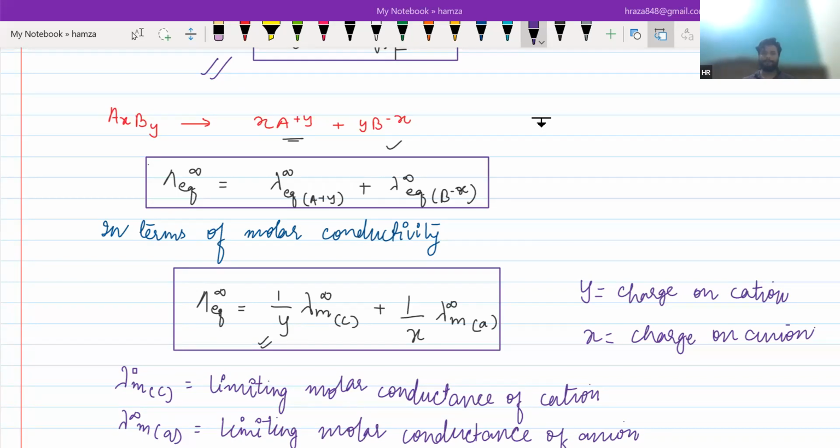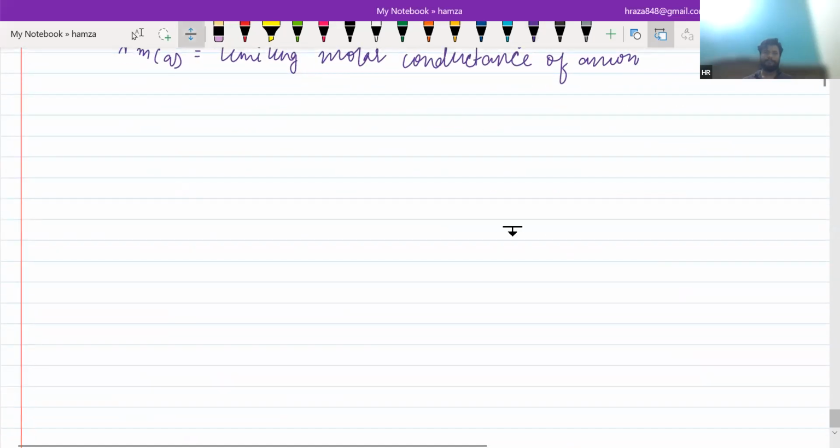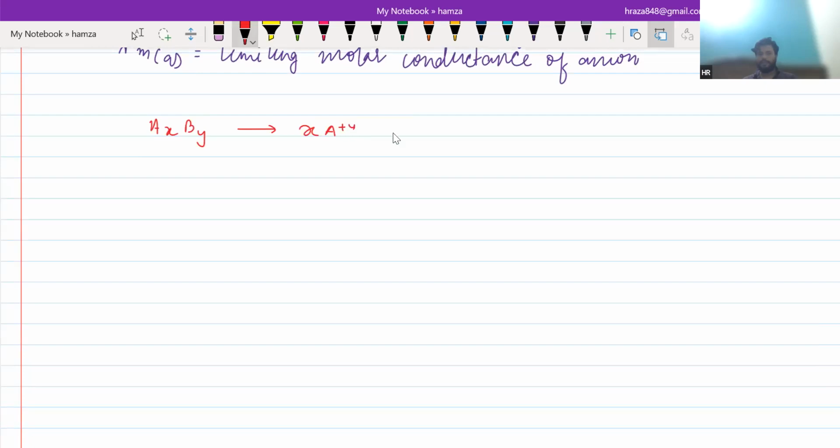Very good. Now see, always remember that I'm again going to write AxBy, and you know that it will be x A raised to the power plus y, y B raised to the power minus x. And if you are going to directly write the molar conductivity, it will be, listen to me very carefully, lambda infinity m of A plus y plus lambda infinity m of B minus x.